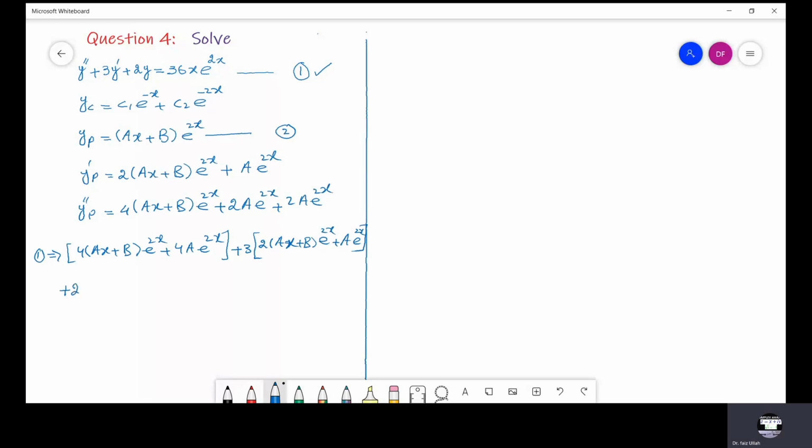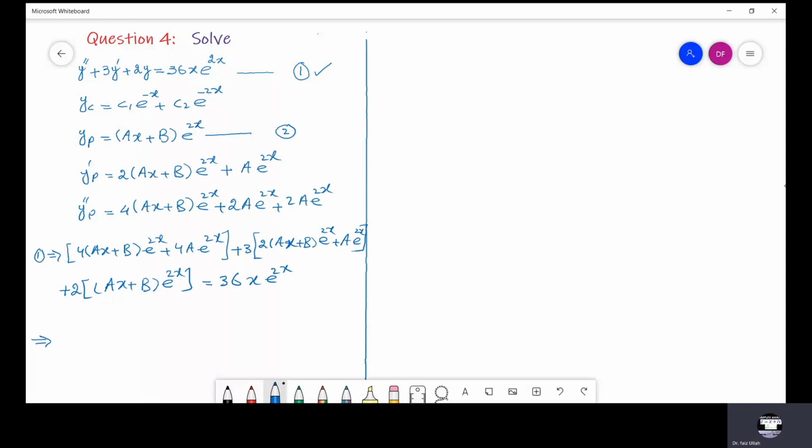plus 2y, which is ax plus b into e power 2x, and this is equal to 36x e power 2x. Let us simplify this equation.